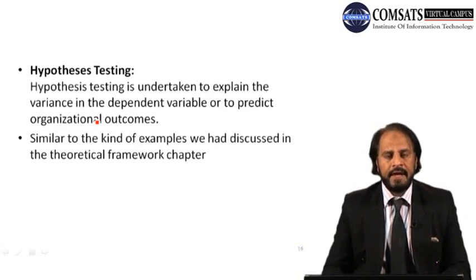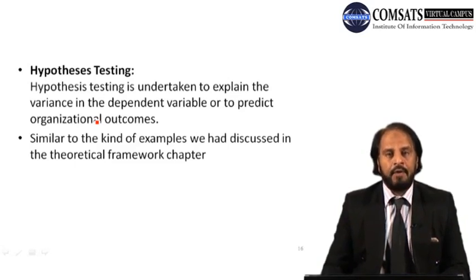The third type, which we talked about as far as the purpose of the research was concerned, is hypothesis testing. Hypothesis testing is basically undertaken to explain the variance in the dependent variable or to predict organizational outcomes.